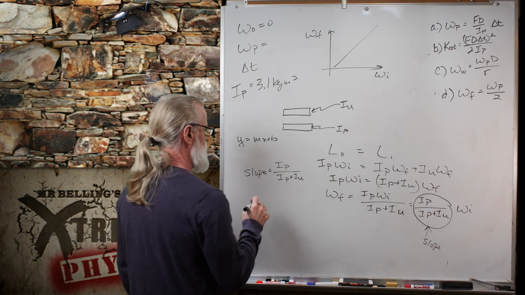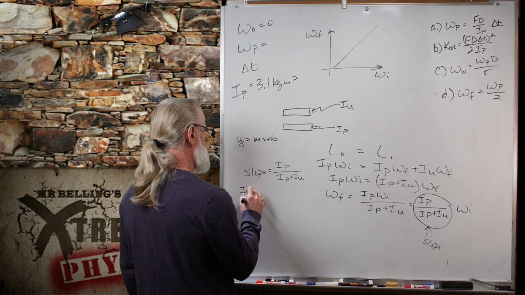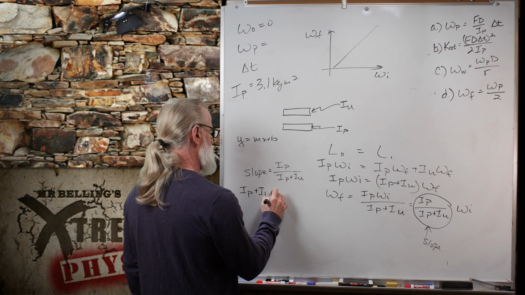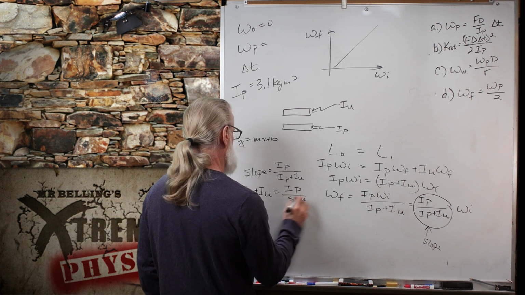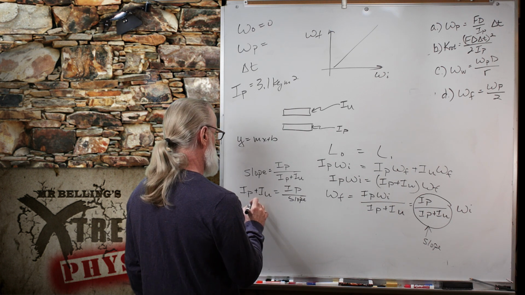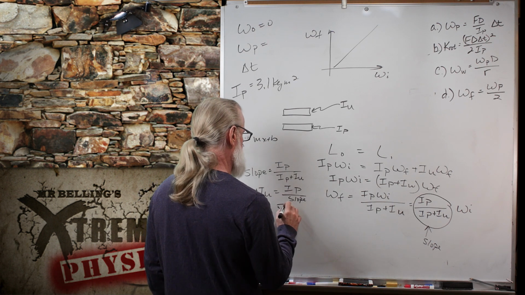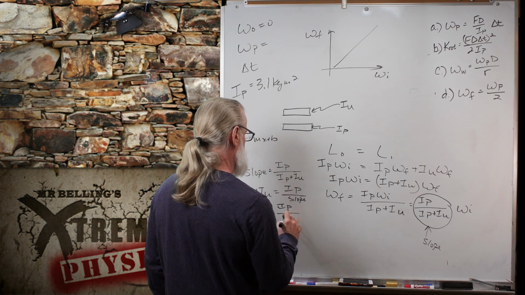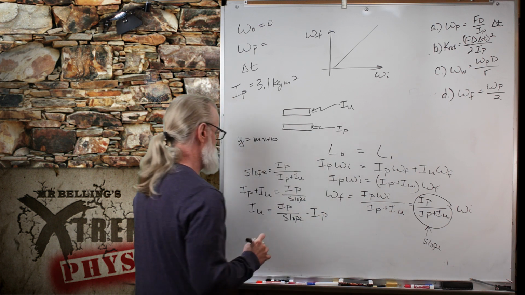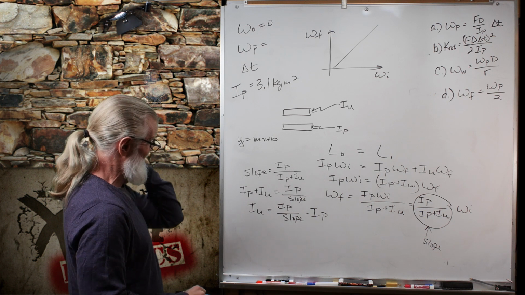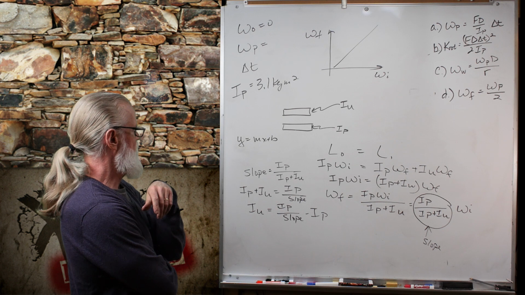So, just rearranging this, I could say that IP plus I unknown equals IP over slope. Therefore, I unknown equals IP over slope minus IP. All right, so that should work out for us.